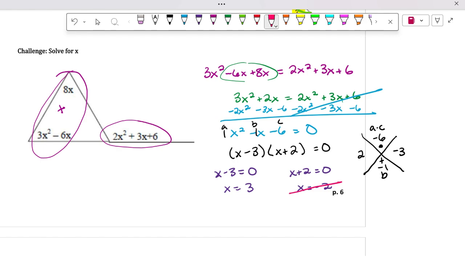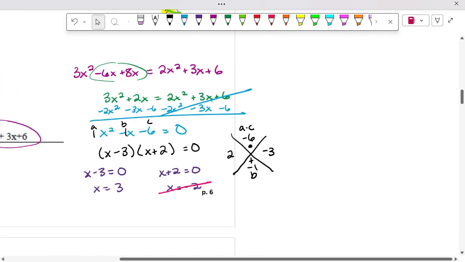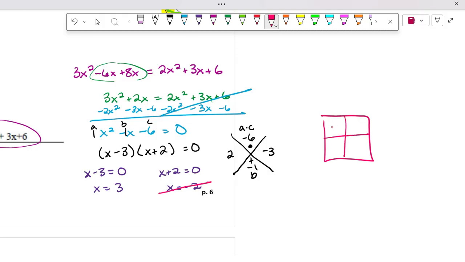You could do that too, but big X kind of tells you how to do the box method. Box is more for when you're multiplying it back, but you can use big X to do a reverse box. You still have to get down to the 2 and the -3, but this could be x squared minus 3x plus 2x minus 6.